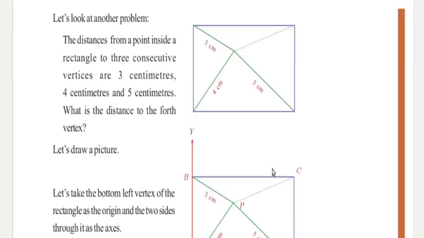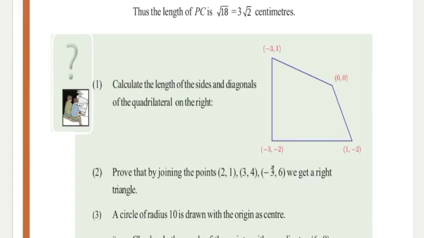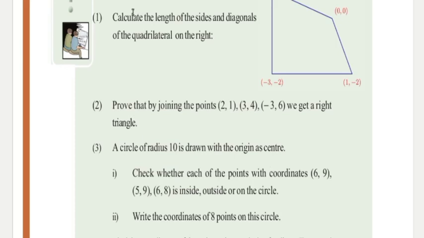And finally we come to the last exercise of this chapter, that is, calculate the length of the sides and diagonal of the quadrilaterals on the right. Here we have the coordinates of all the vertices of this quadrilateral, right?